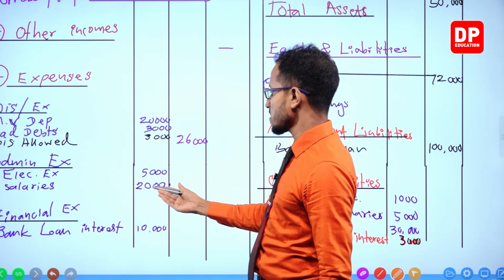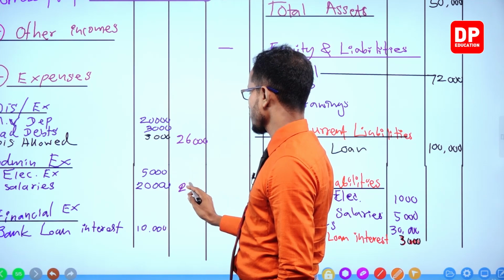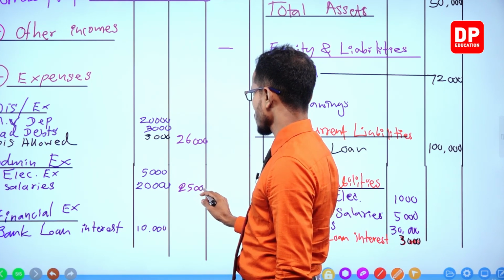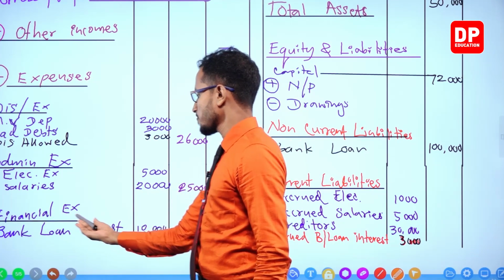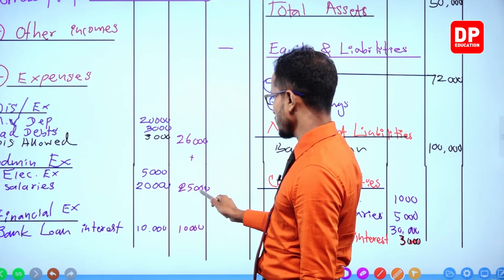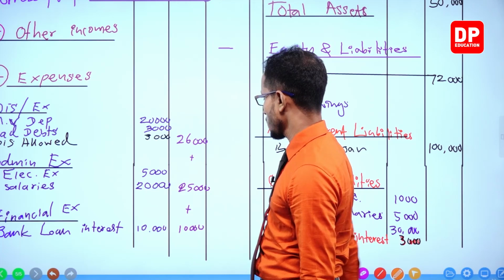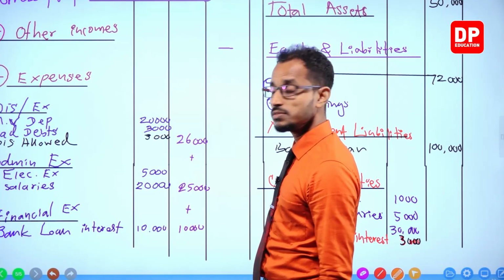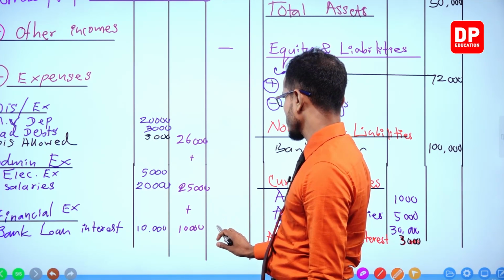Electricity 5, salaries 20, 25. Then financial expenses. Only 10,000 is there. Take the total expenses. 26,000 plus 25,000, 51,000 plus 10, 61,000.